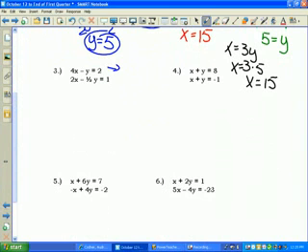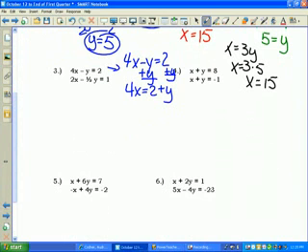So I want to solve this first equation, I guess, for x. And remember, it doesn't matter which one you solve for, as long as you plug it into the right variable. So if I want to solve this for x, that means I need to add y to both sides. And I got 4x equals 2 plus y, because I can't combine those two.